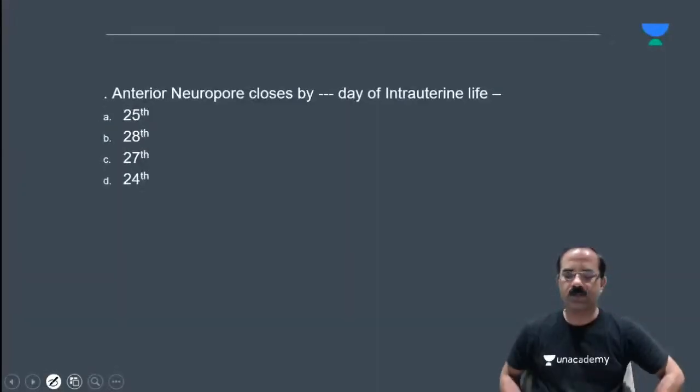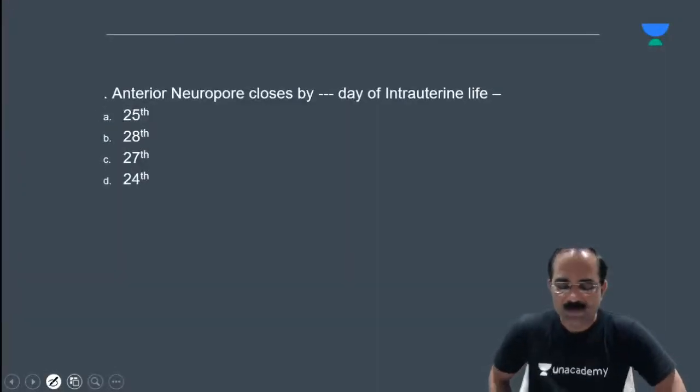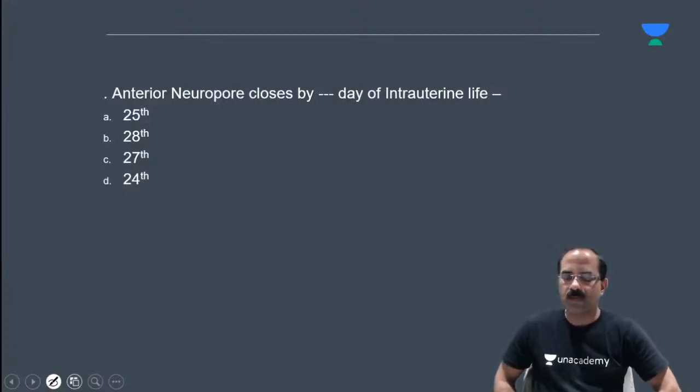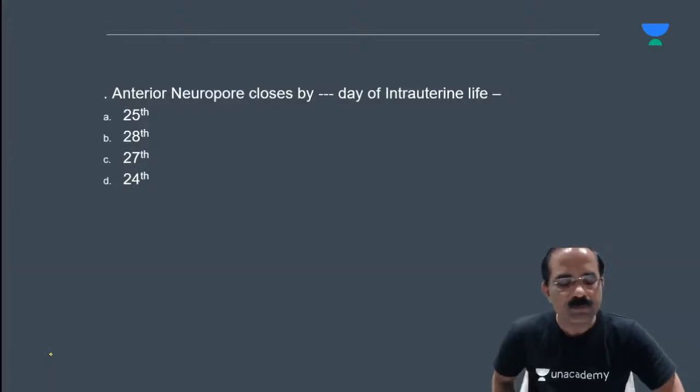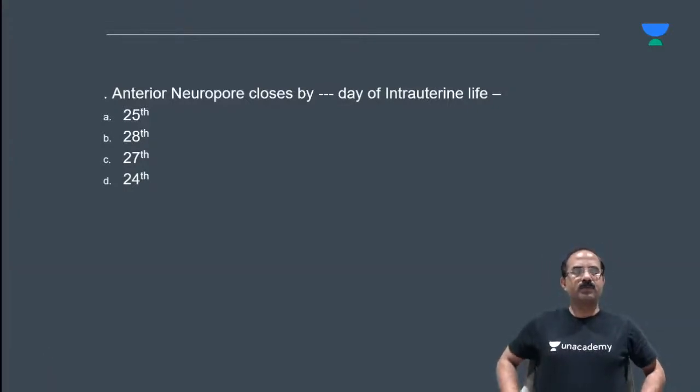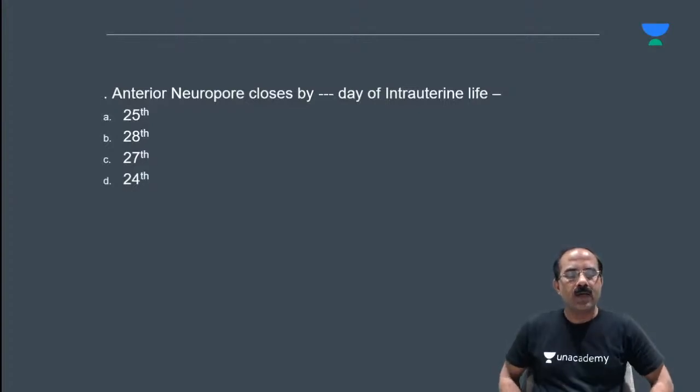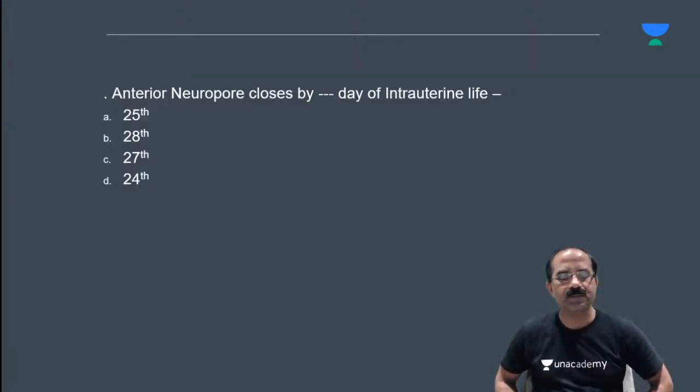Okay, if you can tell me this. Chalo, answer this students. Anterior neuropore closes by dash day of intrauterine life.